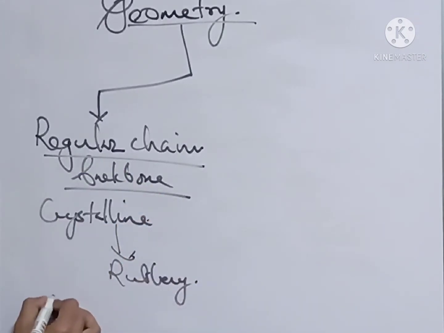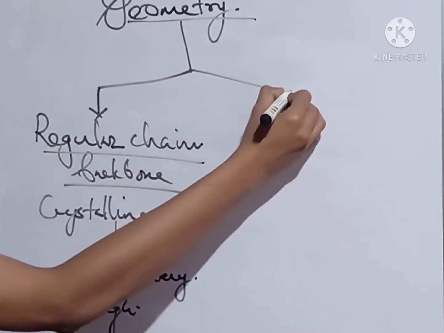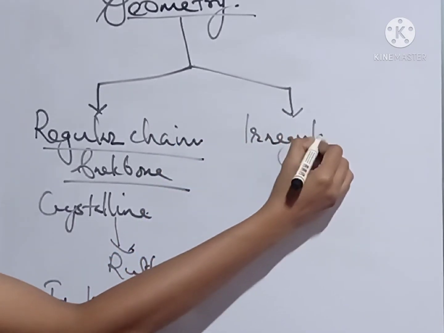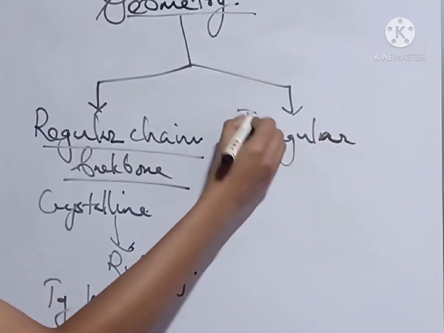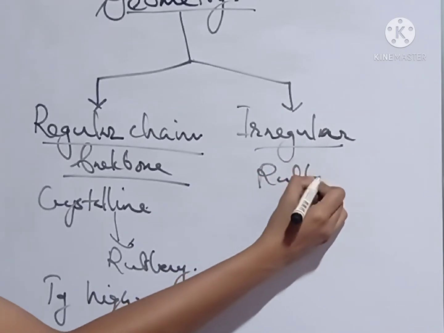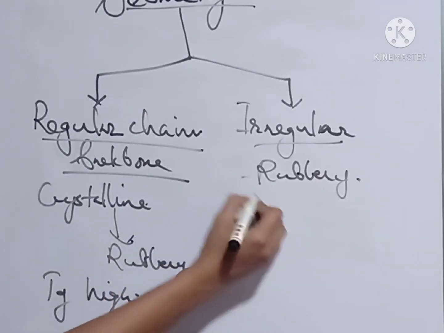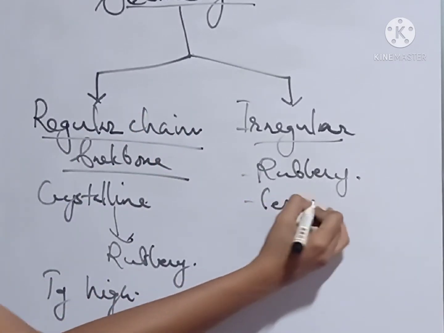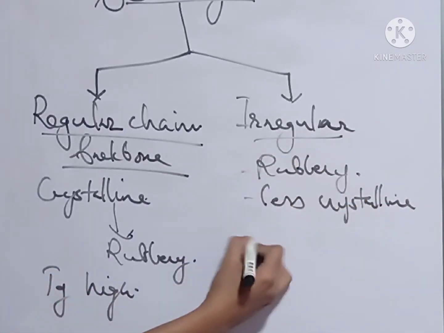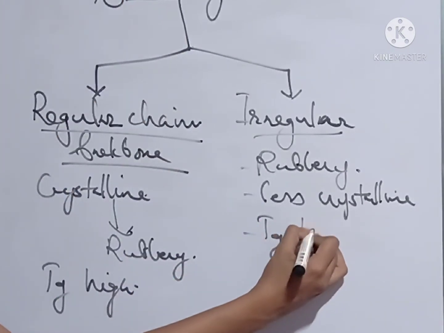That means the glass transition temperature is high. Then there are some polymers which are irregular in nature. These irregular polymers exist as rubbery substances, or we can say their crystallinity is very less. Hence, the glass transition temperature of these substances is very low.